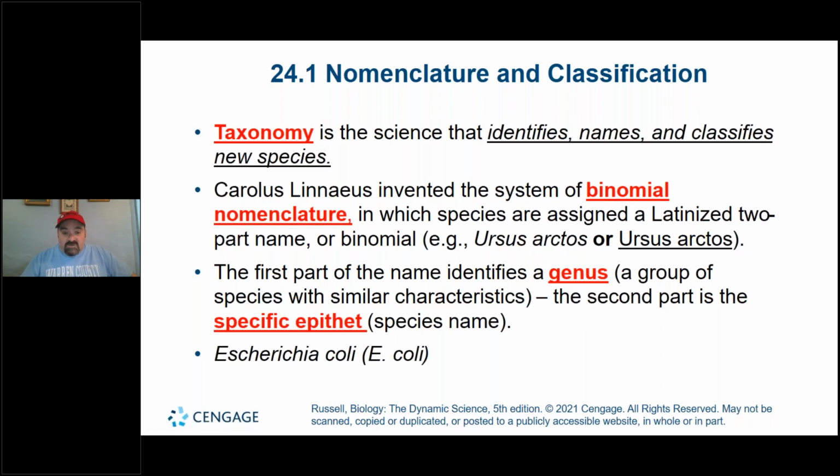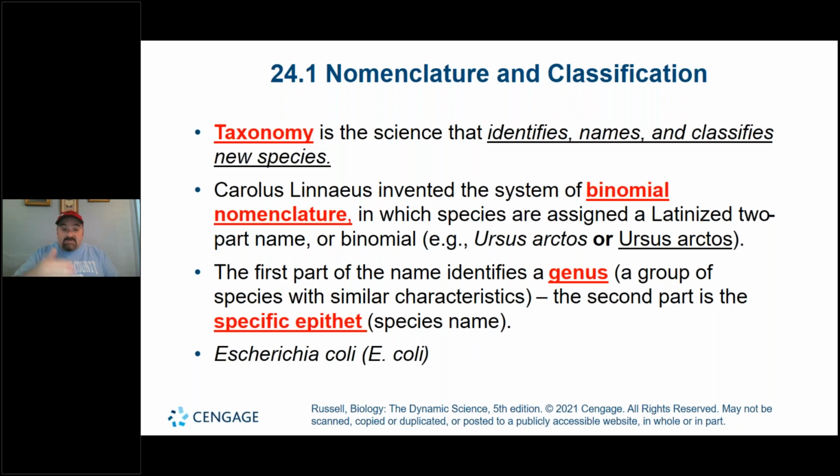And whenever you have any type of paper where you're writing about a specific organism using the binomial nomenclature, you can start off with, so if I'm writing a paper about E. coli, well, I would put Escherichia coli first. In the first mention of the bacterium, I would write it out like that.